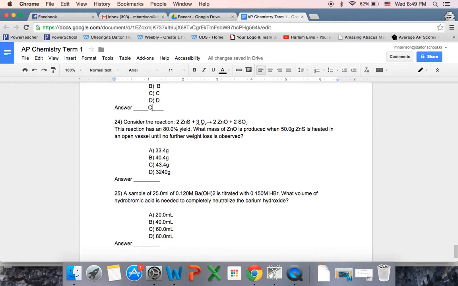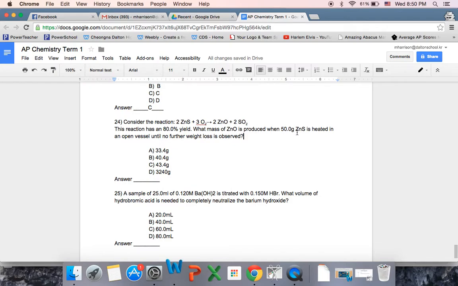So until there is no more reaction taking place. Looking at the balanced equation, we're looking for the mass of zinc oxide being produced. The balanced equation shows 2 and 2, meaning that 1 mole of this will give us 1 mole of this.